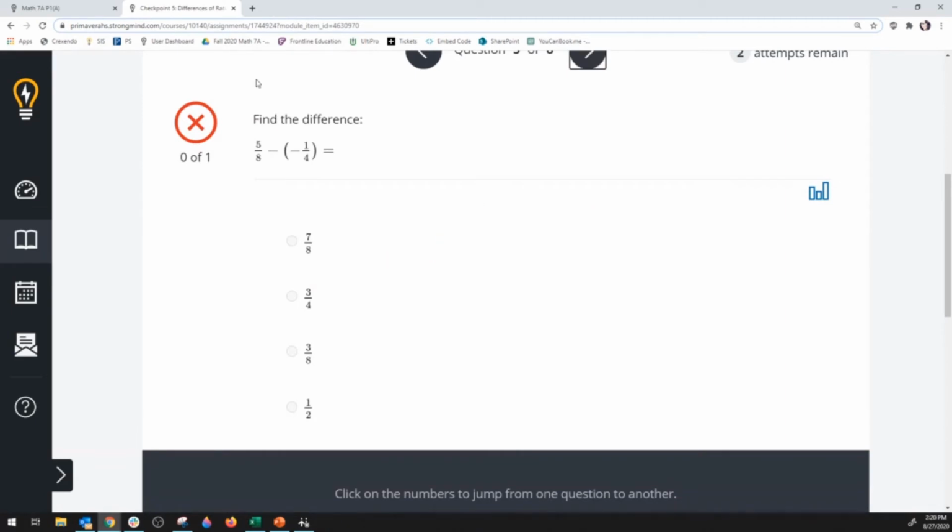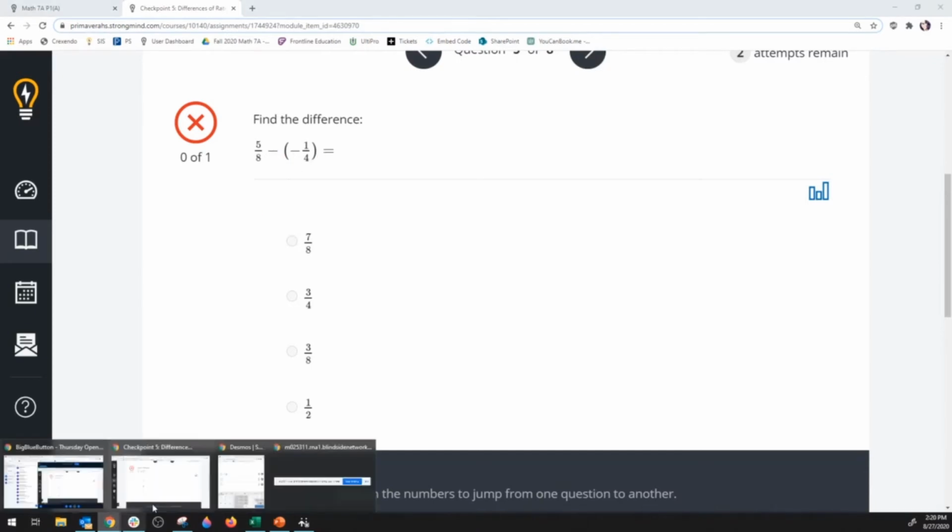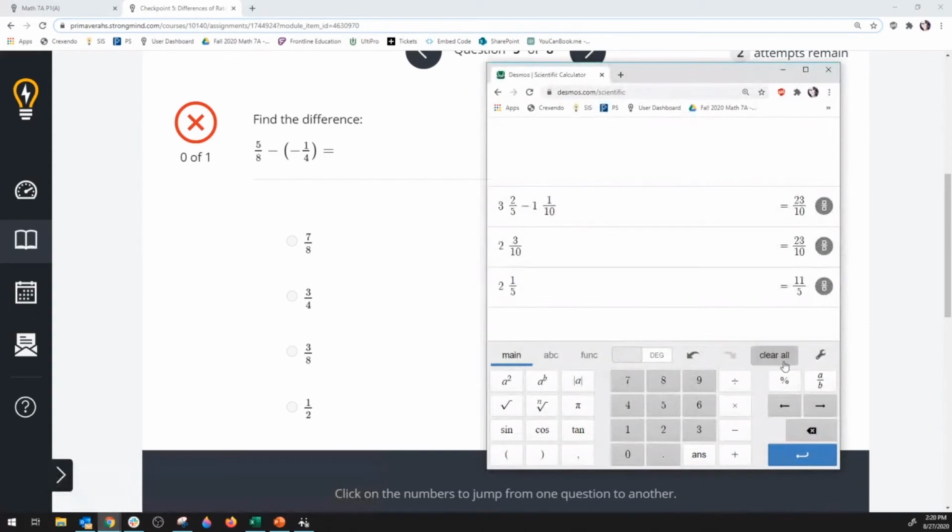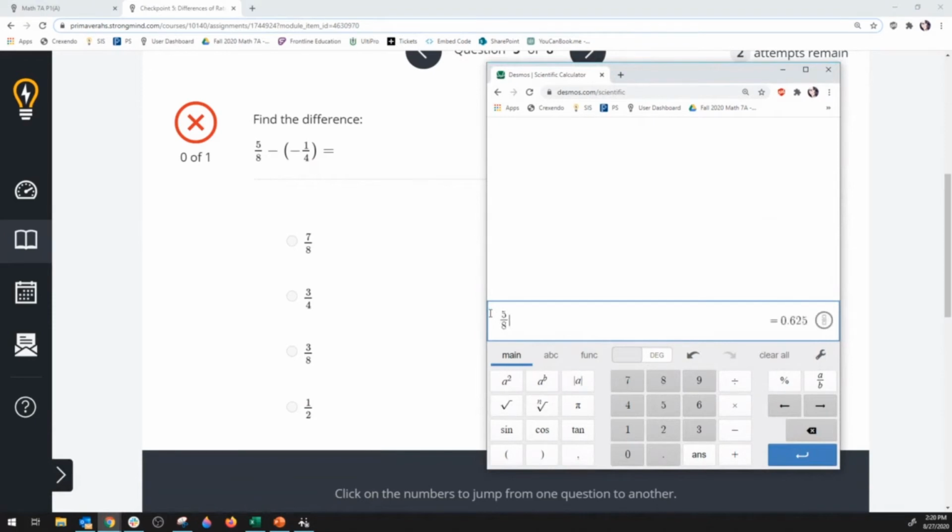Alrighty, here, this one is trickier because we have these negatives. So with this one, when you're typing it into your calculator, make sure that what you're typing in looks exactly like what you have here. So I have 5 over 8 minus, I'm going to put my parenthesis, and negative 1 over 4.